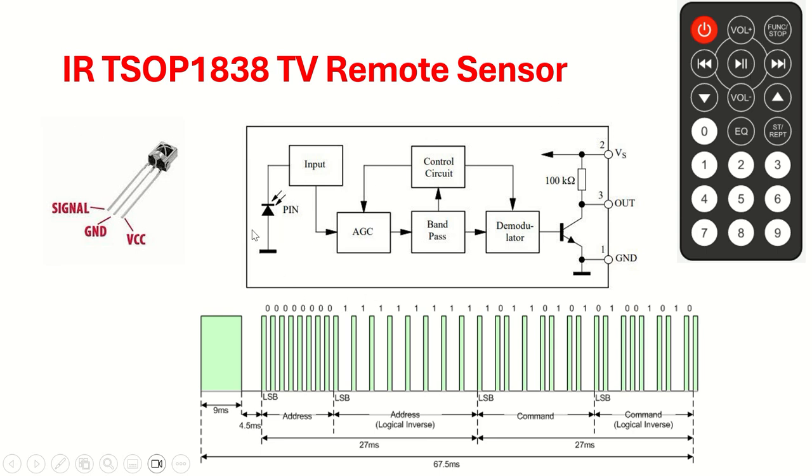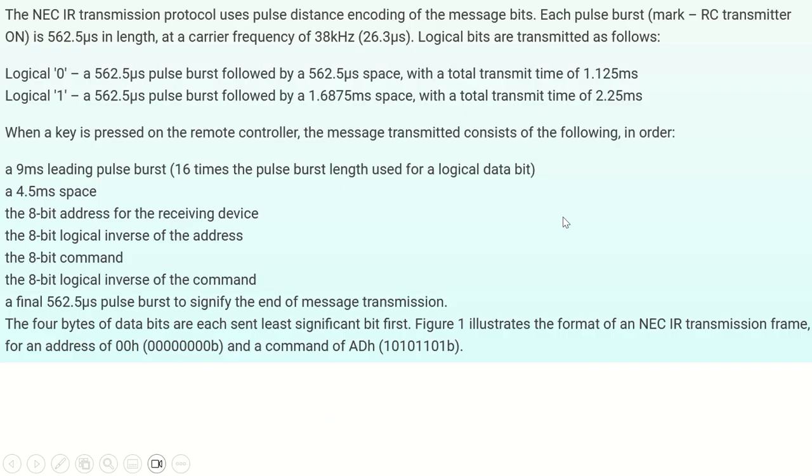Whenever this detector receives the signal transmitted from the TV remote, there is a lot of processing: an input amplifier, automatic gain control, then a filter, then a demodulator. All these stages are called signal conditioning. So the signal is processed, and finally these pulses are available.